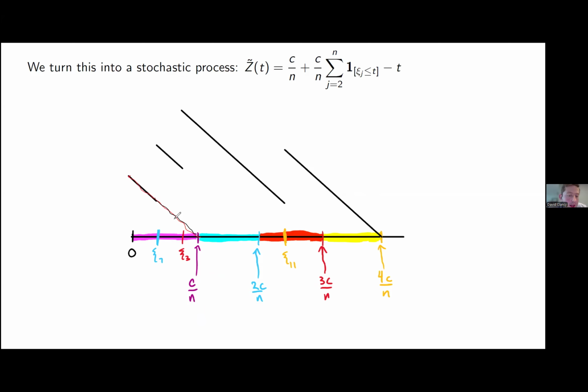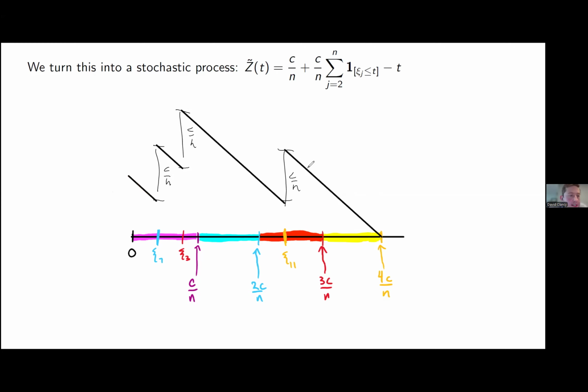But in our example, there were 2 jumps. These are height c over n. Over here, this is also a height c over n. And then this is also a height c over n.